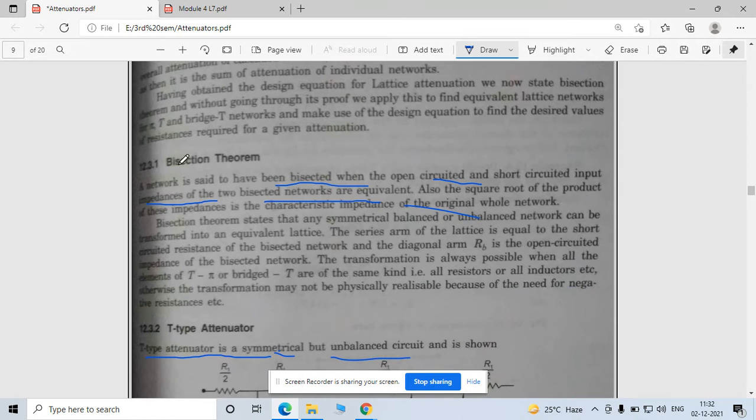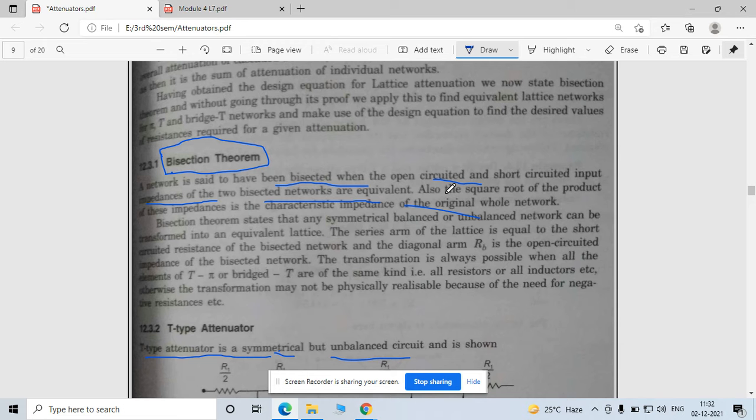Now this bisection theorem is important, because it is the only way you can realize the symmetrical unbalanced network as a symmetrical balanced network. It means a symmetrical unbalanced network can be realized as a lattice network.